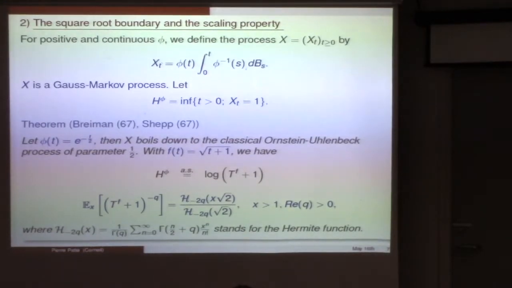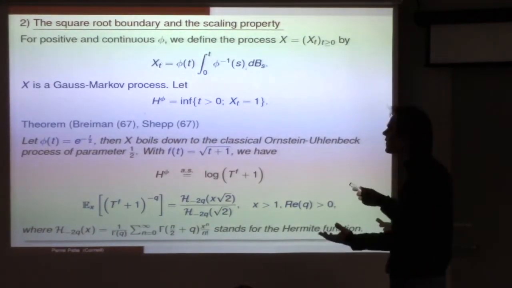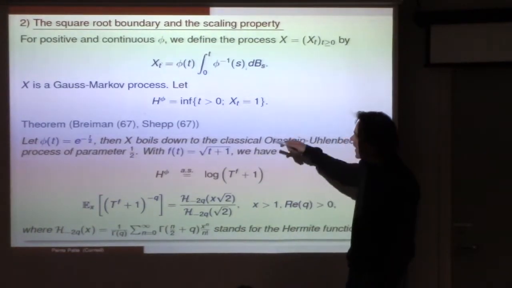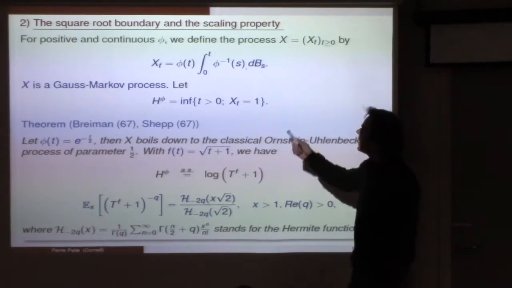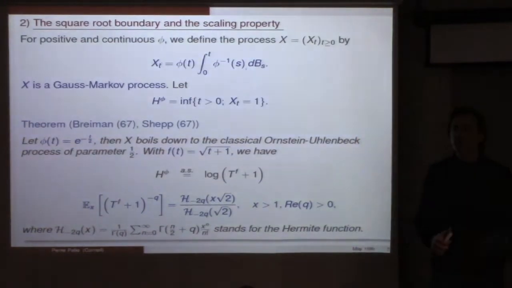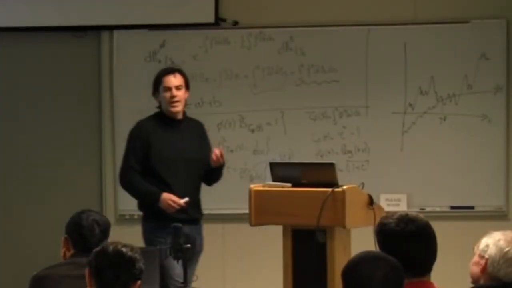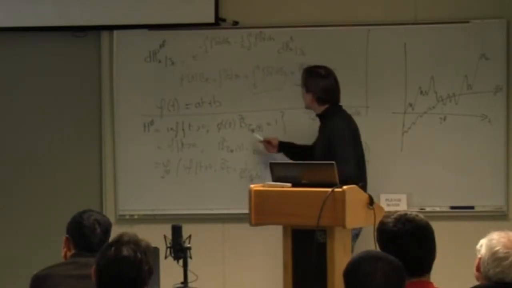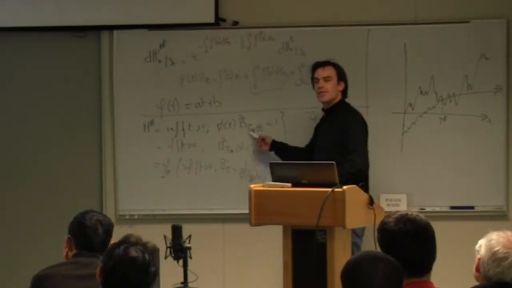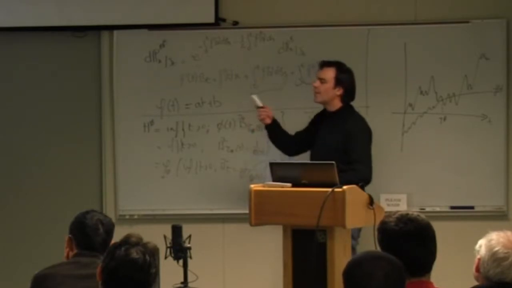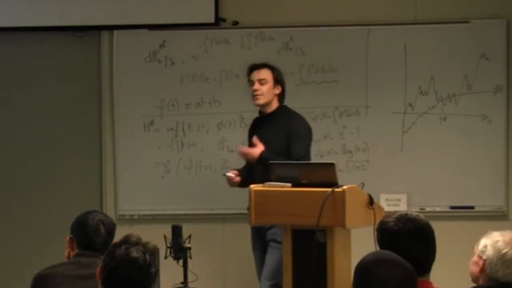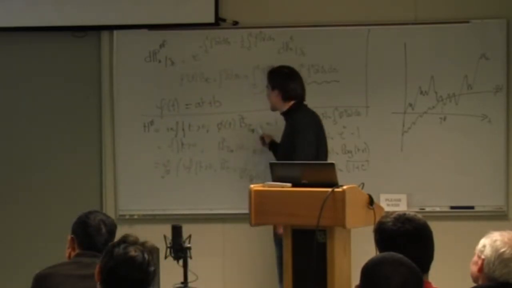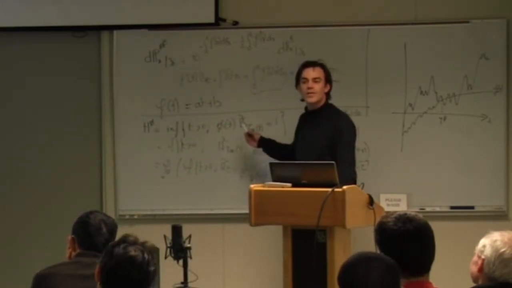the reason why we have this connection between this Ornstein-Uhlenbeck and the square root boundary is due to the scaling property of the Brownian motion. And there are two reasons for that. The first one is by this time change, the fact that we take for phi t the exponential function, and the scaling property of the Brownian motion shows that this process is a homogeneous Markov process.